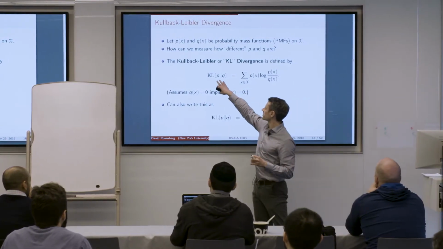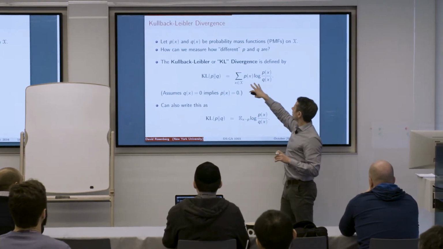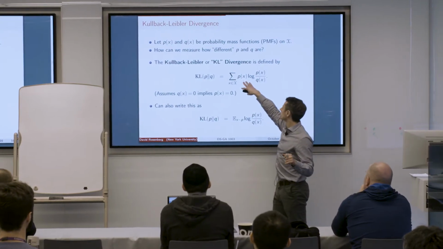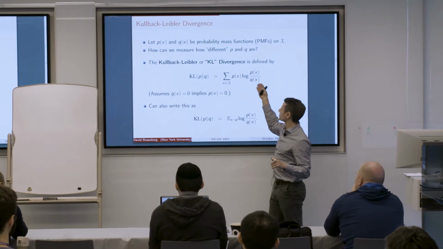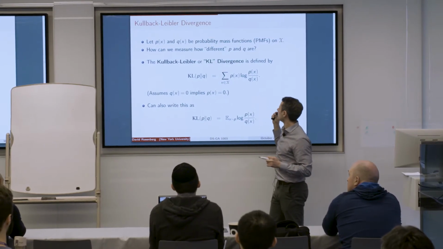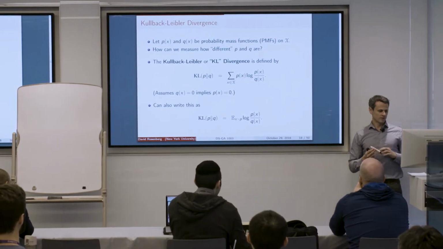Nevertheless, we write it like this, the KL divergence between P and Q. It involves the probability mass functions of P and Q in this way. And you can see it's not obviously symmetric. In fact, it's not symmetric. But this is the definition of KL divergence.